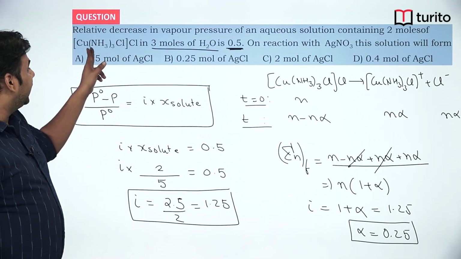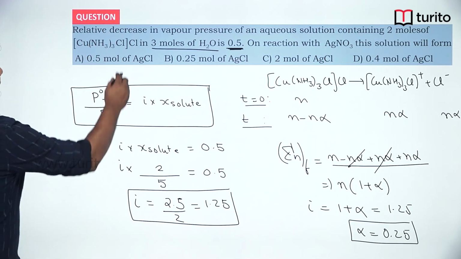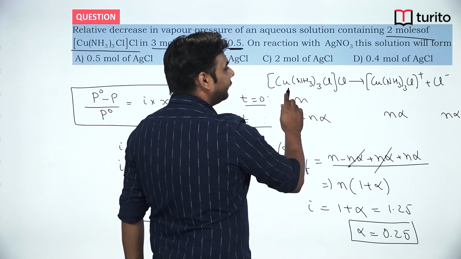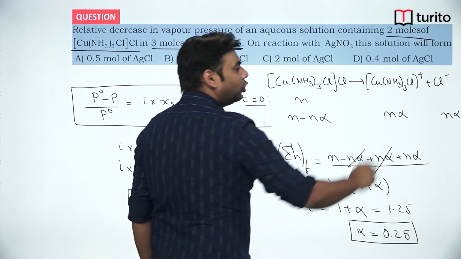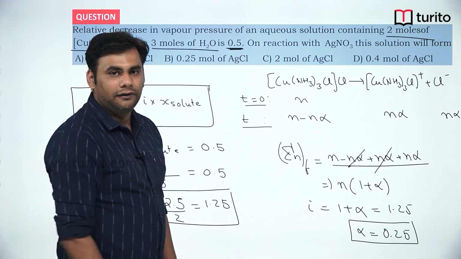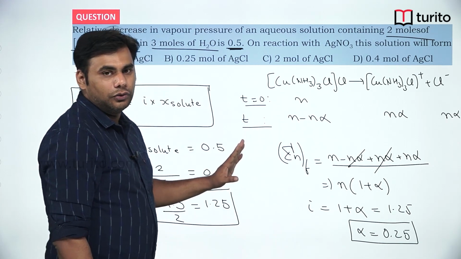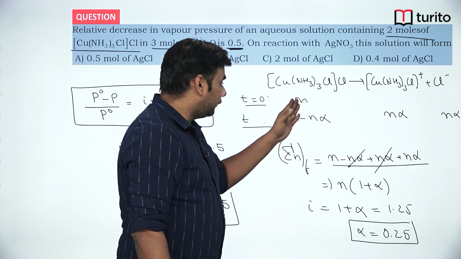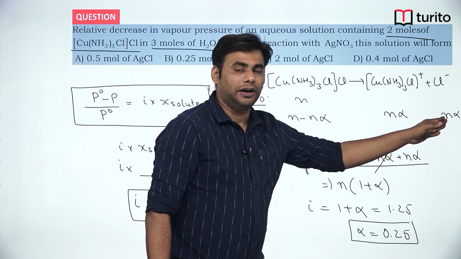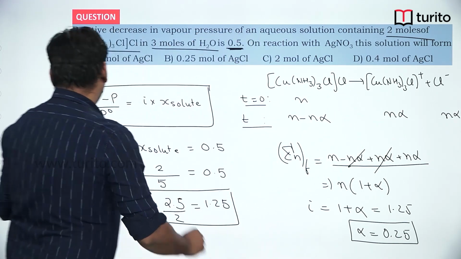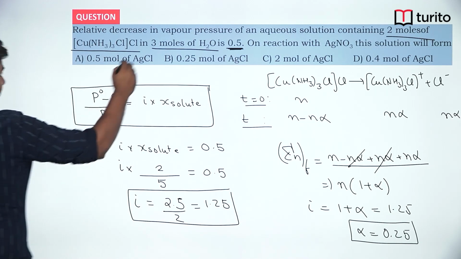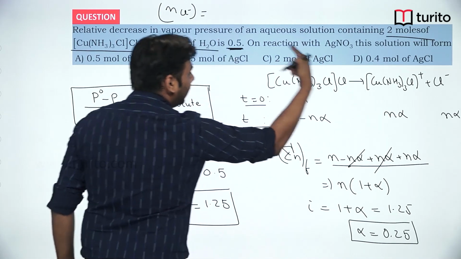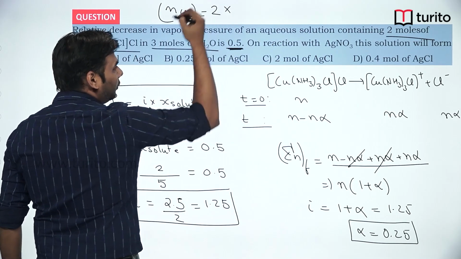So when we are taking 2 moles of this complex, 2 moles would give us 2 into alpha moles of Cl negative, and the value of n is 2. So 1 mole of this is giving 1 mole of this; 2 moles of this would give n alpha because it is not 100% dissociated. So the number of moles of Cl negative formed would be n alpha. The value of n is 2, so 2 into alpha.